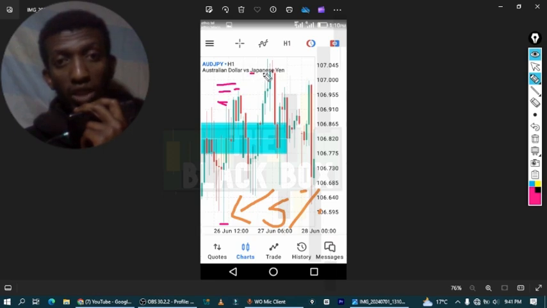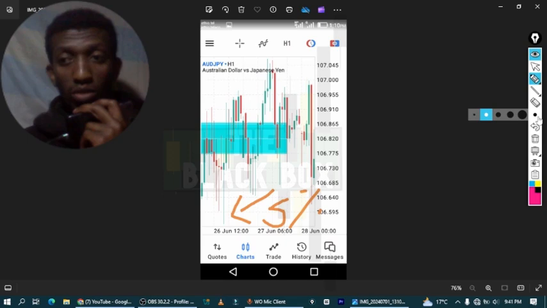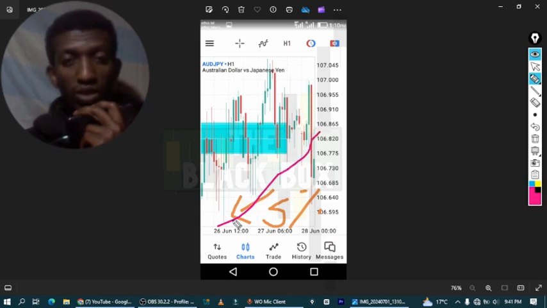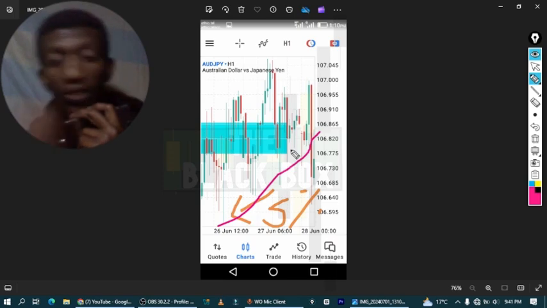It shattered the ice up there. The ice is now gone. It is broken, which means we are in a bullish trend now. Buy. This whole thing is a buy, as you can see, we are in an uptrend.